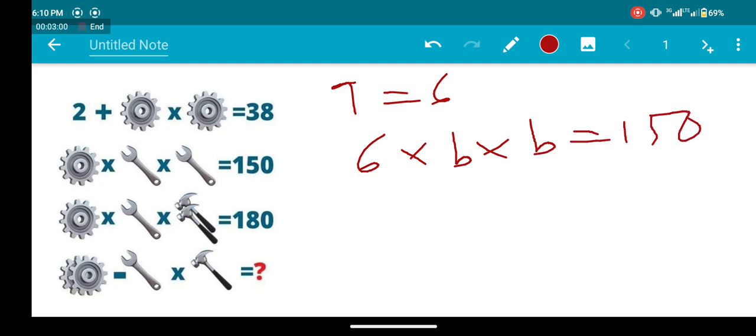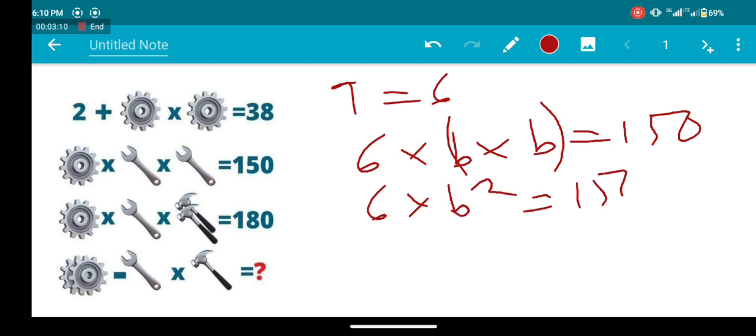So let's put the B times B in a bracket. So we have 6 times B squared is equal to 150. Now divide both sides by 6.